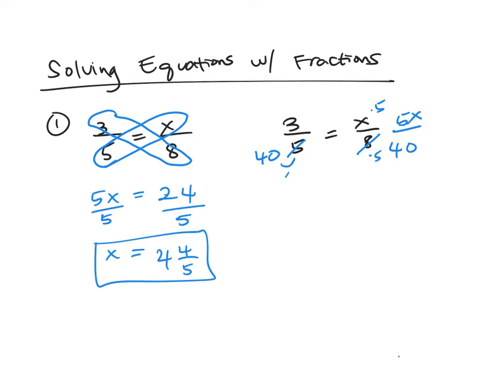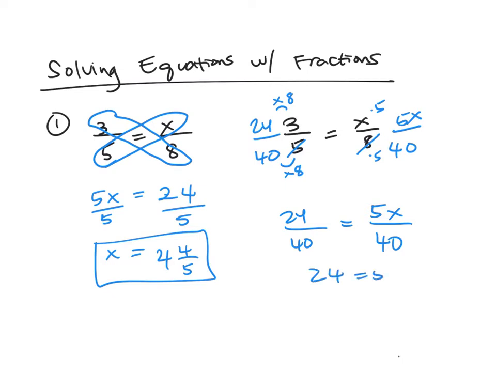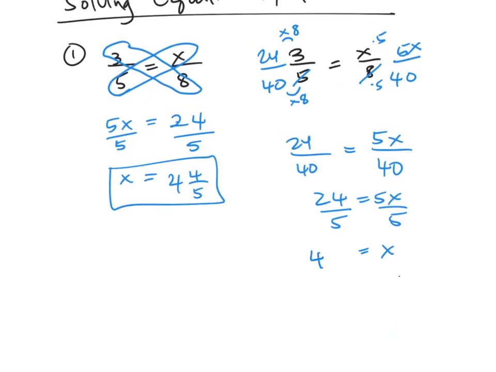And here I multiply by 8, so that's 24. So 24 over 40 is the same as 5x over 40. Since the denominators are the same, I can say that 24 equals 5x. Same thing, I divide by 5, and I get 4 and 4/5.